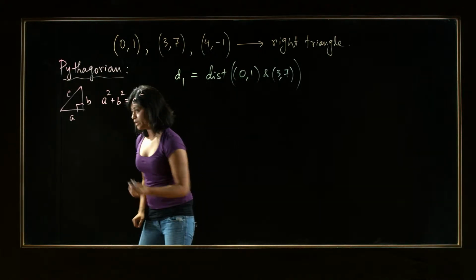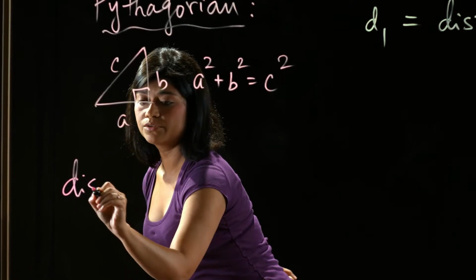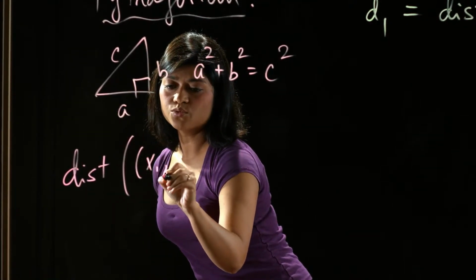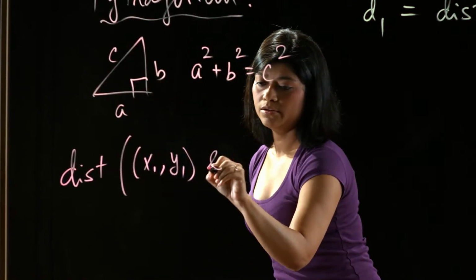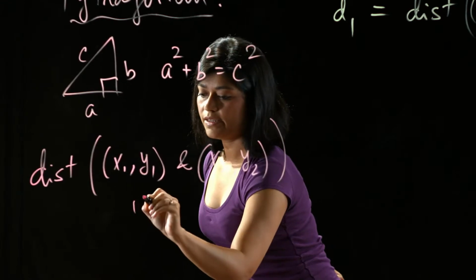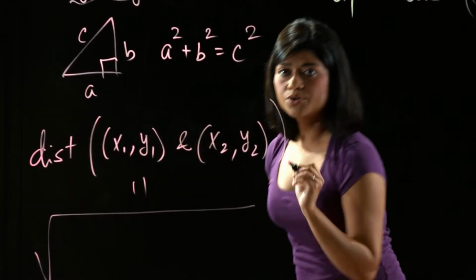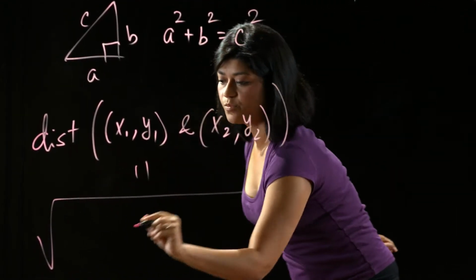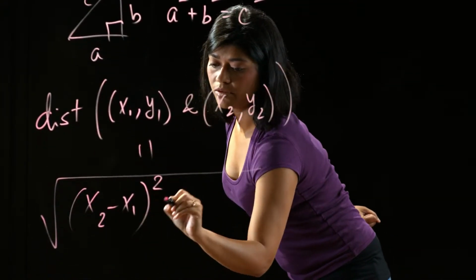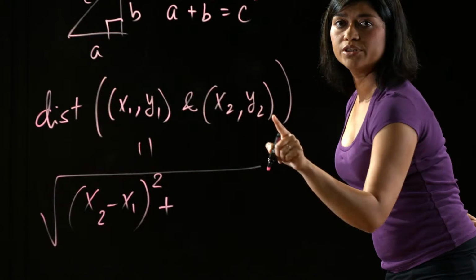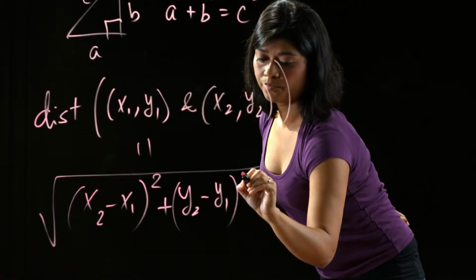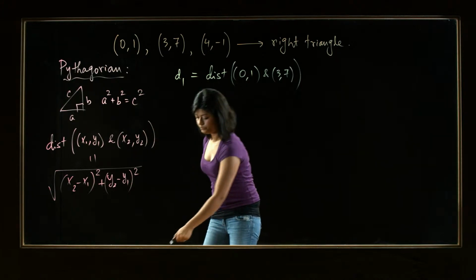To calculate the distance between the points (x1, y1) and (x2, y2), take the square root of the square of the difference between the 2 x coordinates plus the square of the difference between the 2 y coordinates.